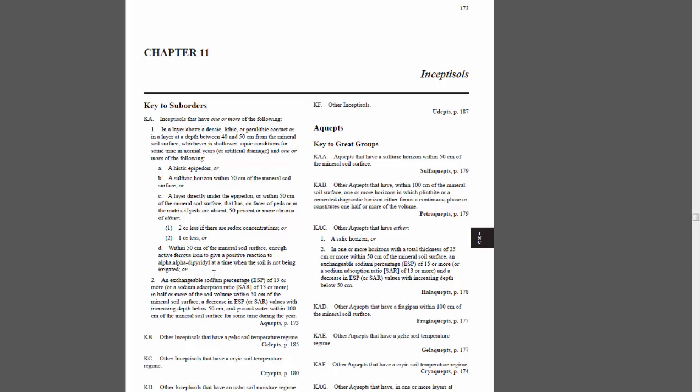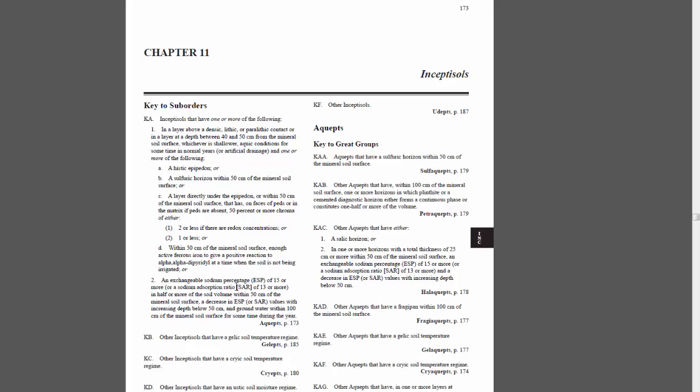Or the other place that you can get into aquepts is where you have an exchangeable sodium percentage of 15 or more, and/or a sodium adsorption ratio, SAR, of 13 or more, in half or more of the soil volume. So this is one that might pop up a little bit later in our semester. I'm pointing it out right here.